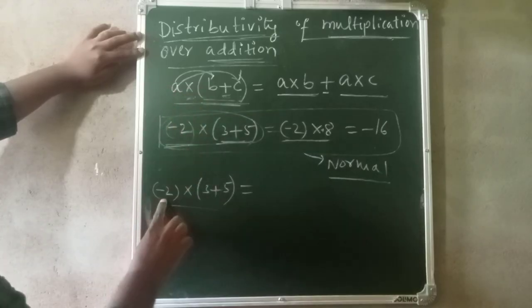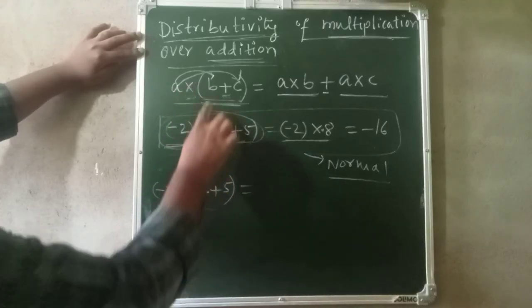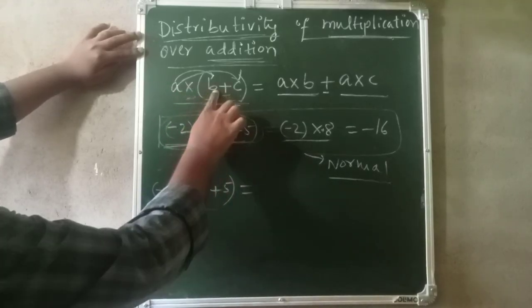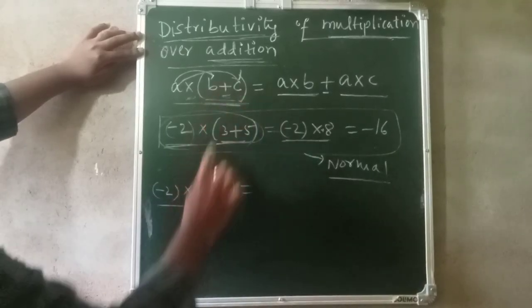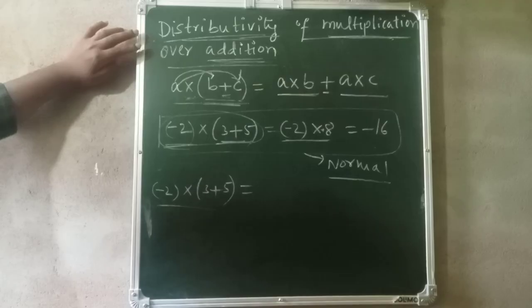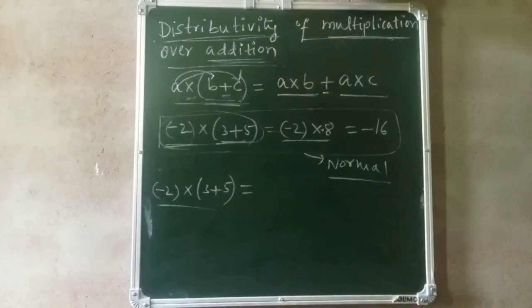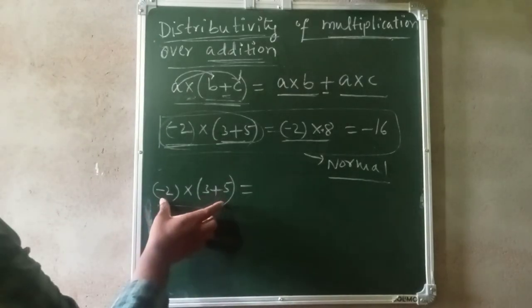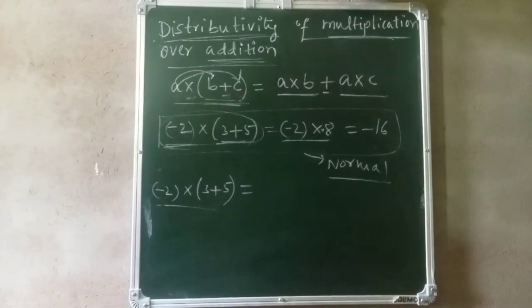In place of a, minus 2 into bracket, in place of b, 3 is there, plus, in place of c, 5 is there, bracket, correct? So you will definitely agree, this is in the form of this.